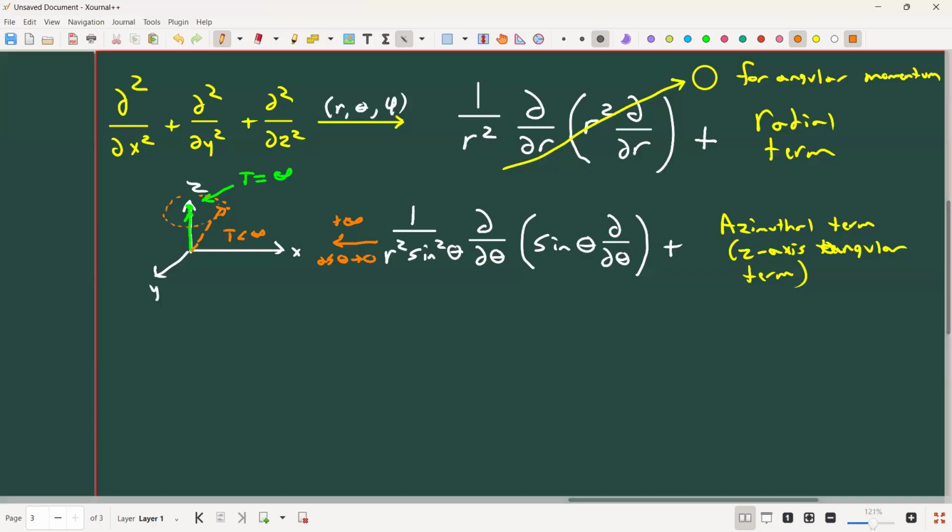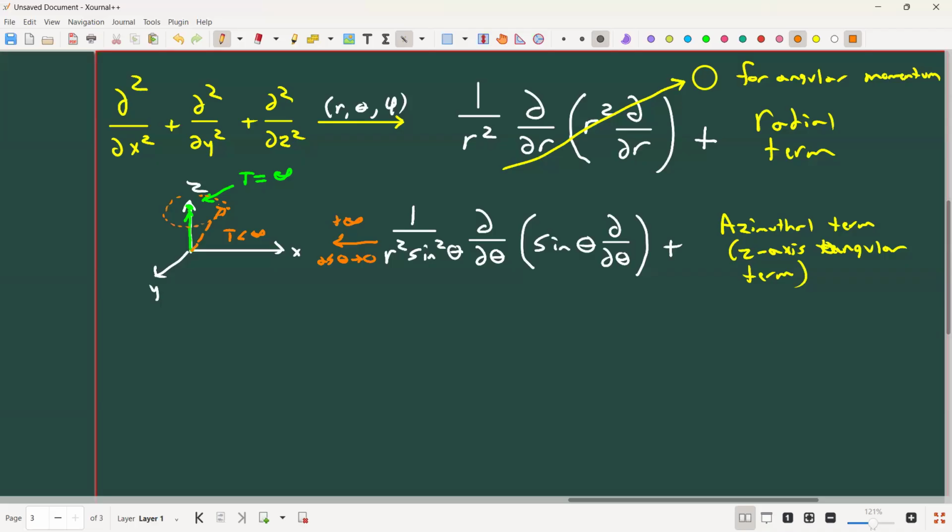So what this term is telling me is that the only way to get my top to stand perfectly up like this is to have infinite kinetic energy. So the electron at any finite energy is always going to have some precession. Like the Earth revolves around its axis at 6 degrees, right? It has a little tilt, and this is that little tilt.